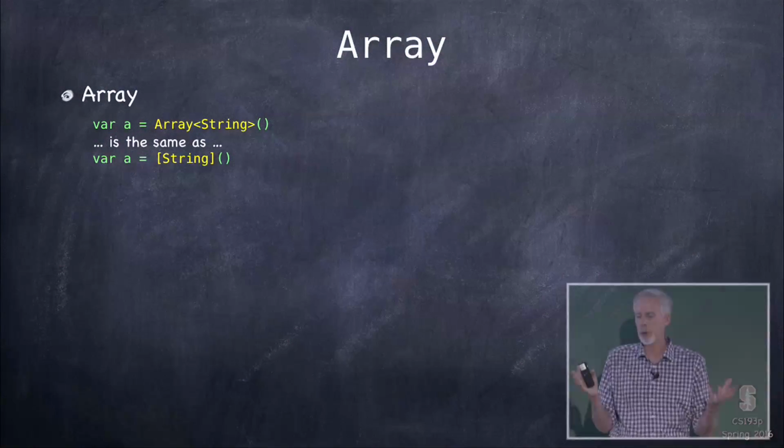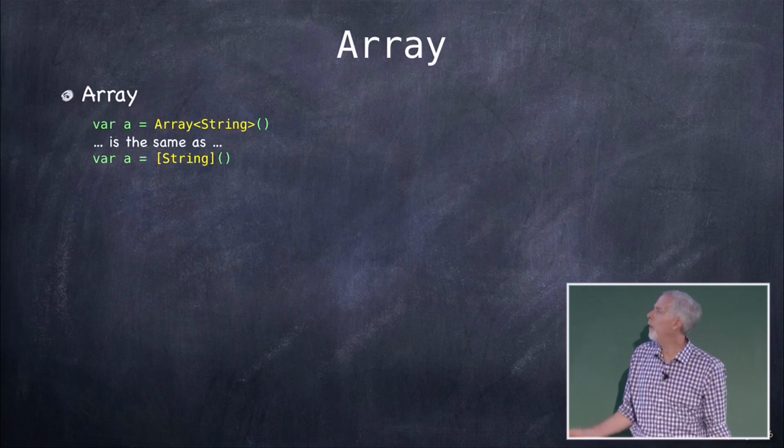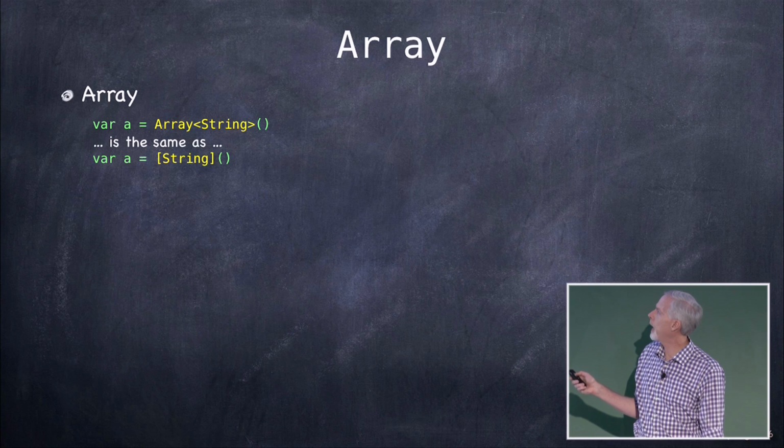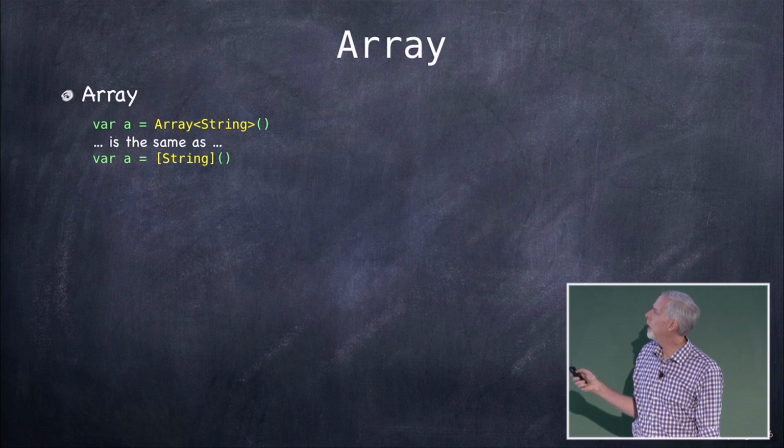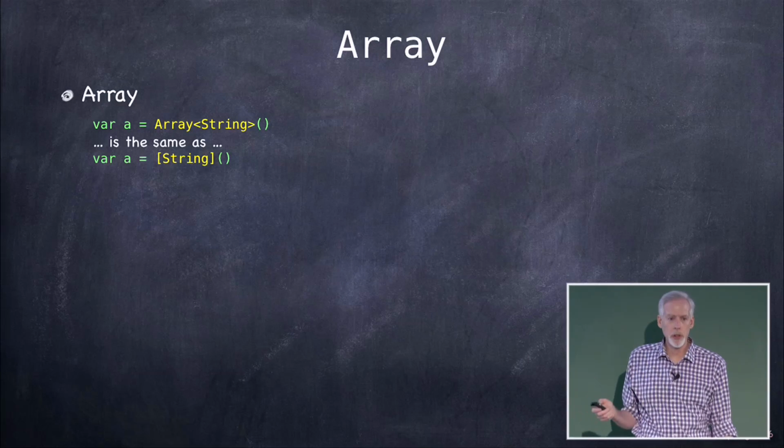I'm not going to spend much time on this because array, you're used to array. You know what array is in other languages. It's pretty much the same in Swift. So I'm just going to try and cover the syntax a little bit. One thing is we've been using this kind of syntax for dictionary, right? Dictionary, angle, string, colon, operation. Remember that? This is the formal syntax for an array.